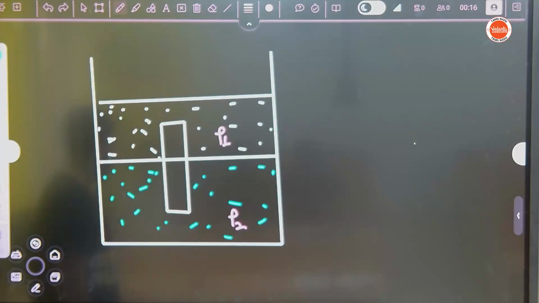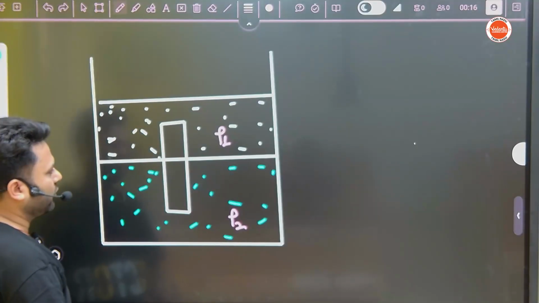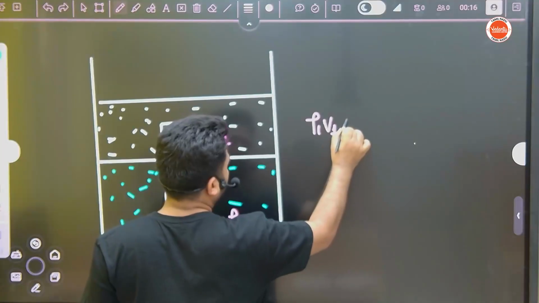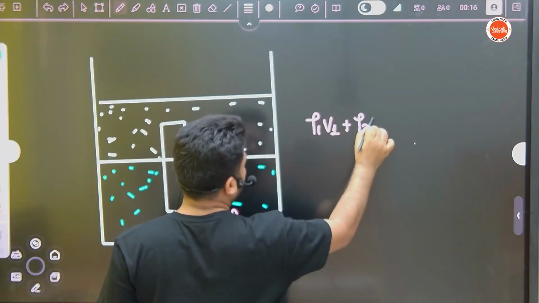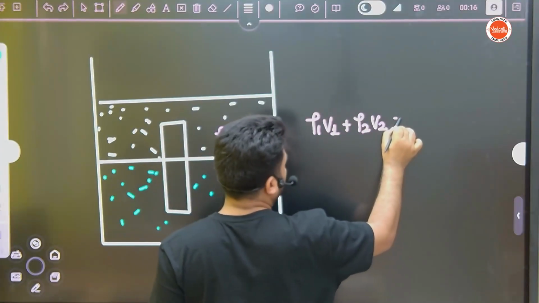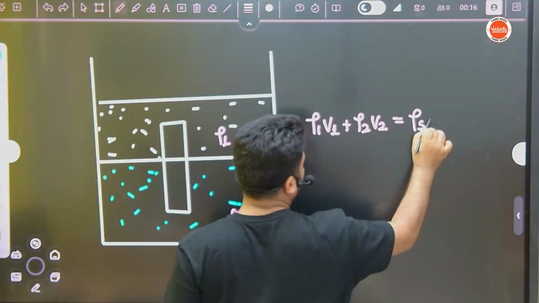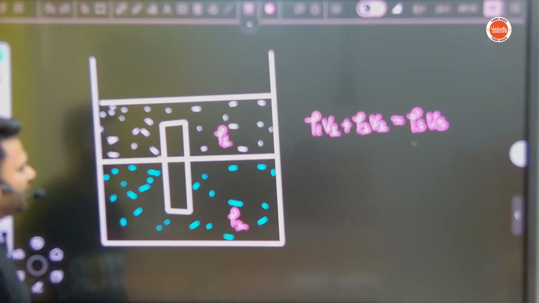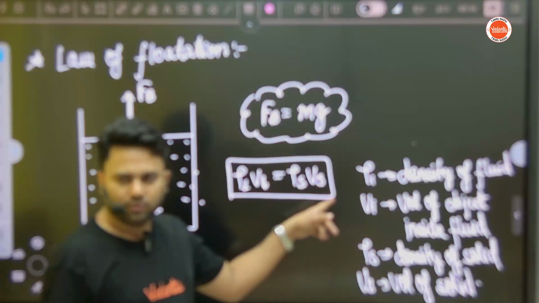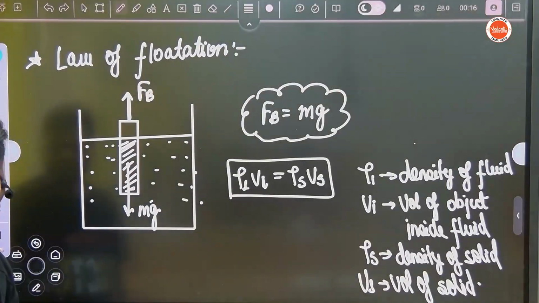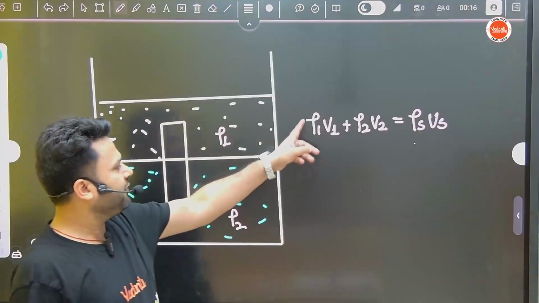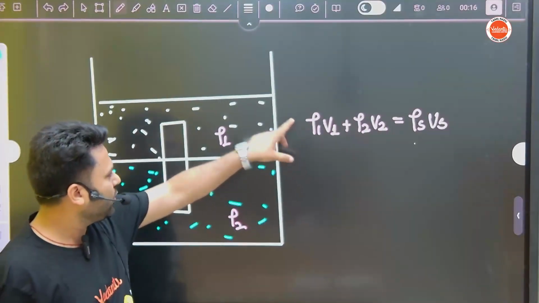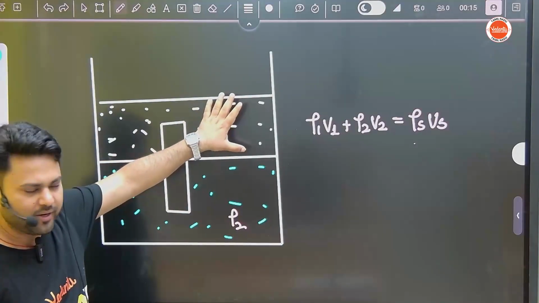Then what equation can we write from the law of flotation? Rho 1 V1 plus rho 2 V2 equals rho S Vs. When only one liquid was there, we used to write rho 1 V1 equals rho S Vs. If two liquids are there, rho 1 V1 plus rho 2 V2 equals rho S Vs. Rho 1 is the density of liquid 1.